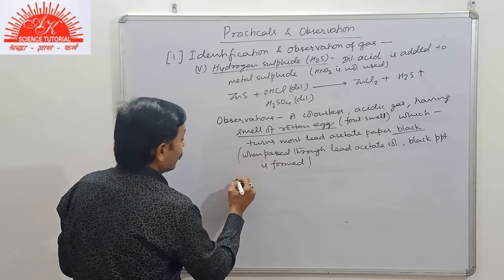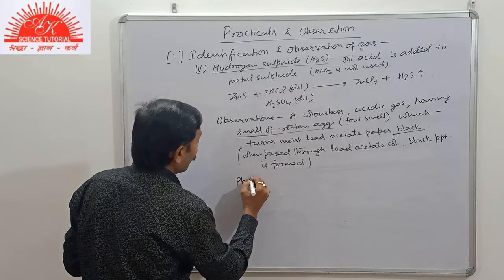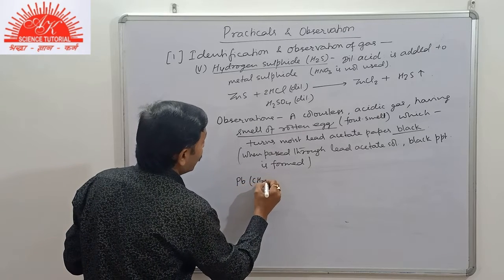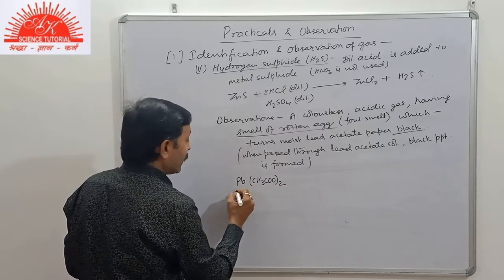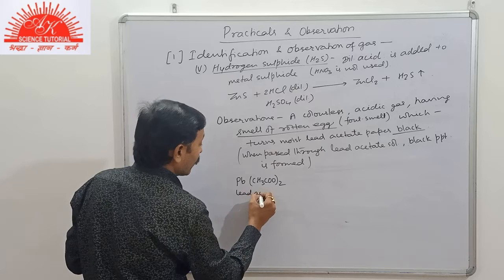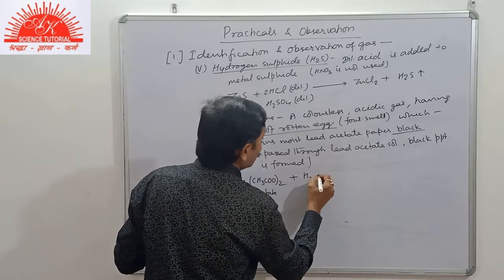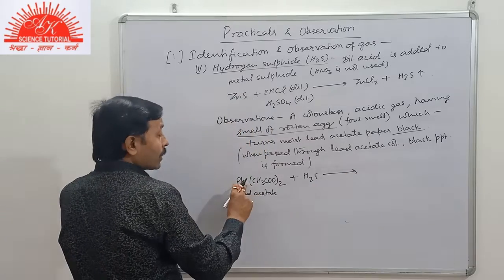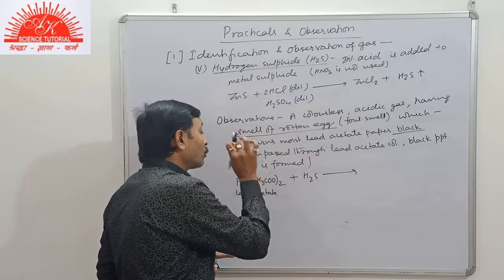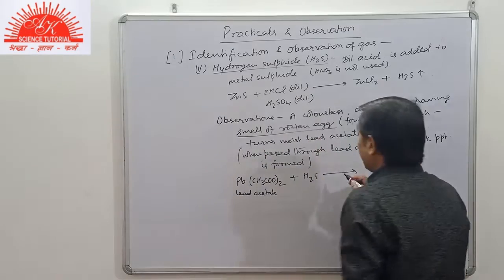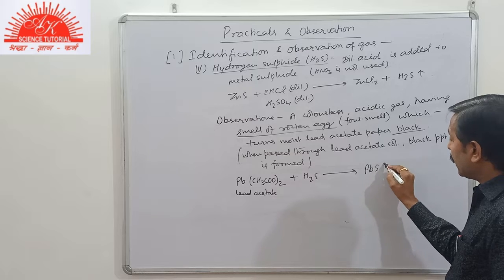So you write here Pb(CH3COO)2, this is the lead acetate, plus H2S. Whether moist lead acetate paper is introduced in the gas jar or this is passed through the solution, then you will get PbS.